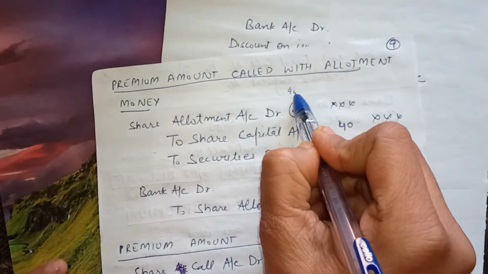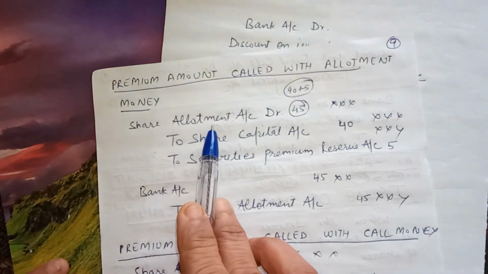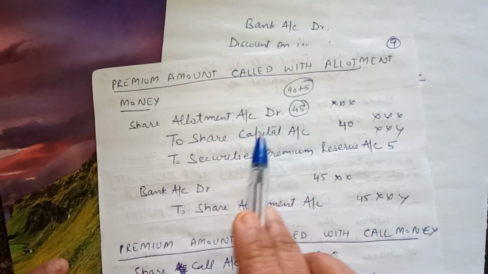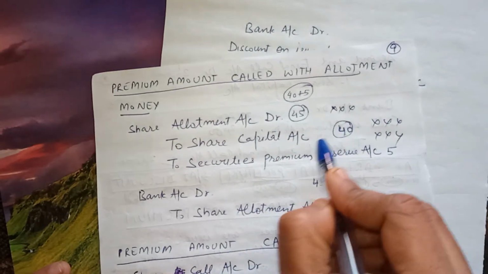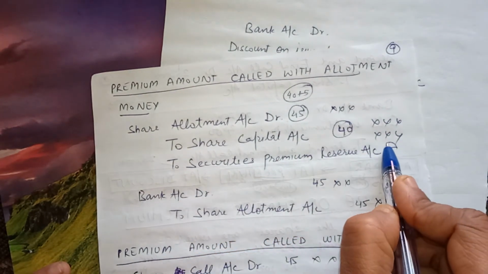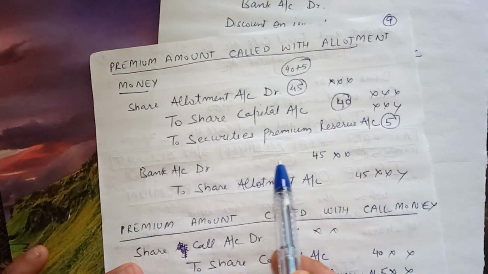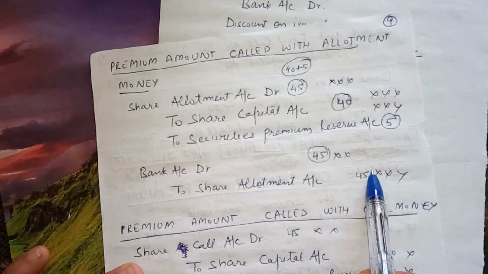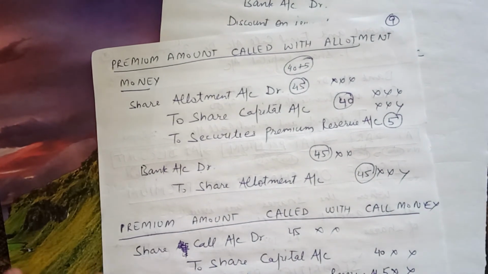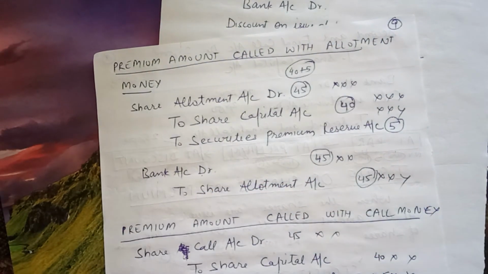Allotment money was rupees 40 plus 5 of premium. So share allotment account debit 45 rupees, to share capital rupees 40, and to securities premium reserve account rupees 5. And when the amount is duly received, bank account debit rupees 45, to share allotment account rupees 45. So this is how it works when the premium amount is called with allotment money.